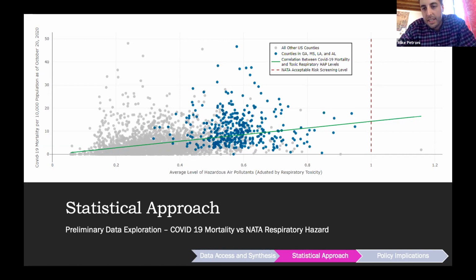And you can see this dotted line here, which indicates the EPA's screening level risk limit for concentrations of these compounds. And as we can see here, most counties in the United States are below this limit, but we still can see a general trend. So we wanted to learn more, and so we decided to run some regression models.